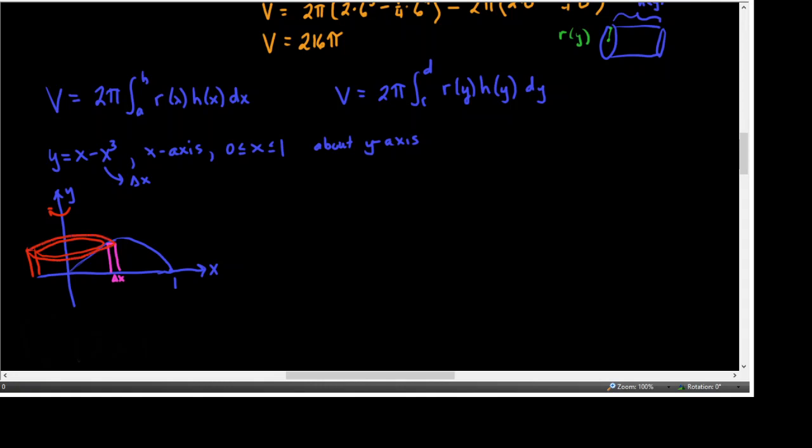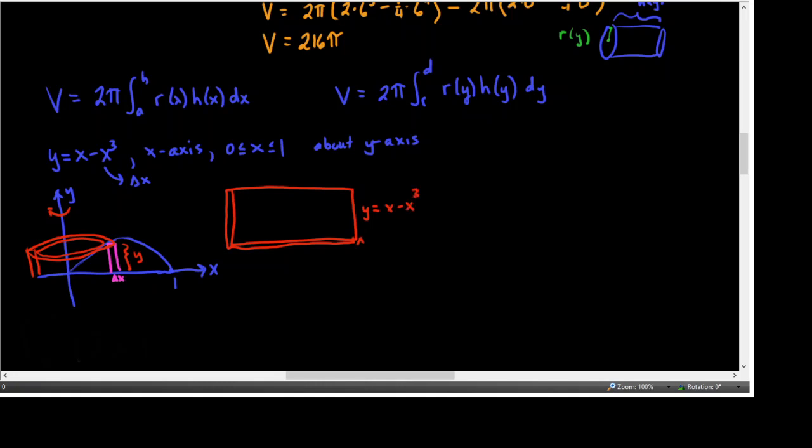Okay, so I see a cylinder. When I take that cylinder and cut it and roll it out, I get that rectangular prism, the width of which is the length of my rectangle, and because that's the distance from the x-axis to the curve, that's y. Since we're using delta x, I want to rewrite that in terms of x, and so this y will be x minus x cubed.